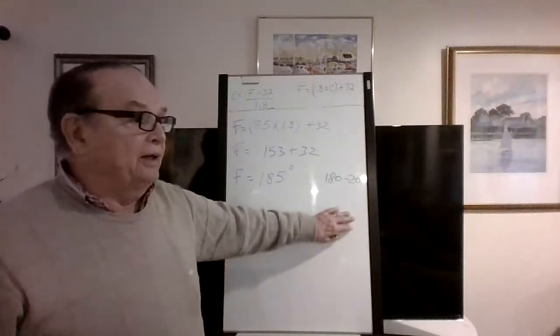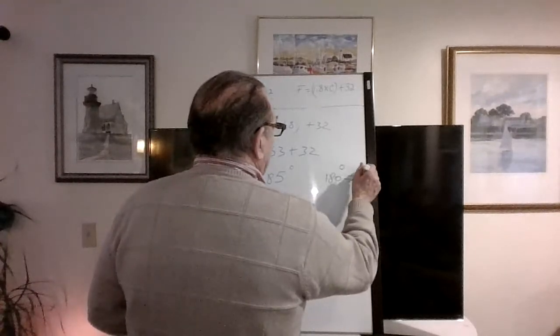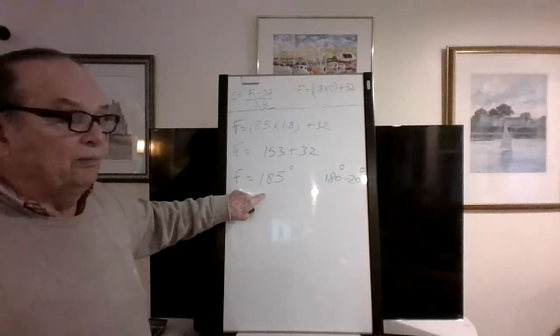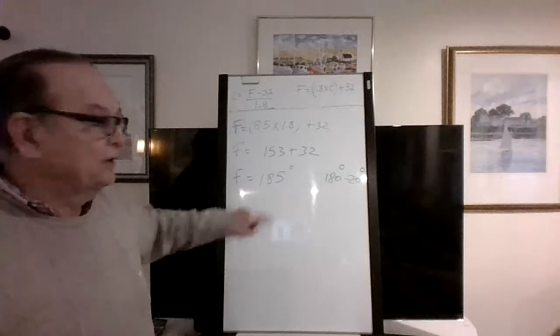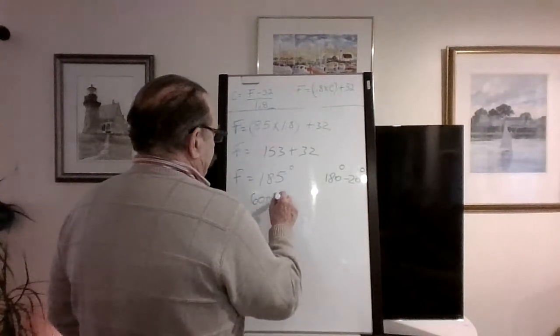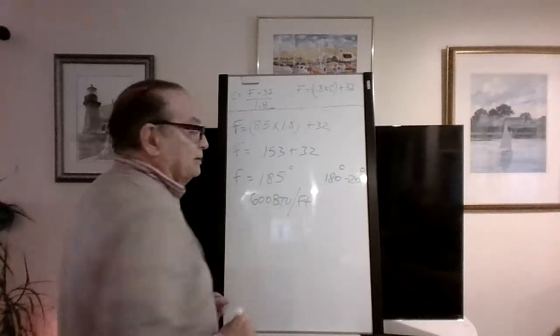All right, but the operating temperature on a boiler is usually between 180 and 200. Okay? The 185, remember what I said about baseboard. That's what baseboard is rated at. So you got 600 BTUs per foot at 185.